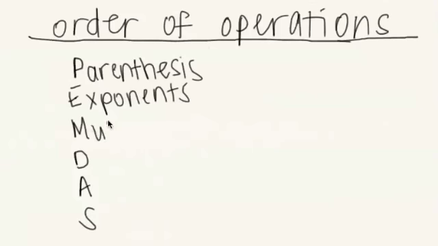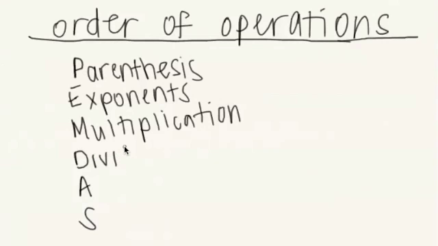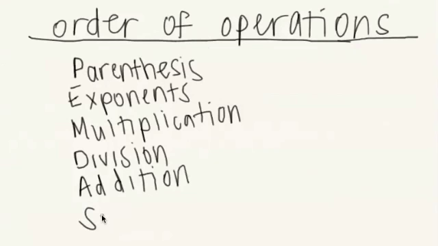Our M is for multiplication. Our D is for division. A for addition. And what's the last one we're missing here for S? Subtraction.